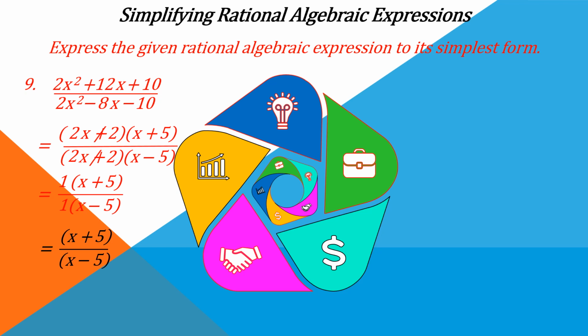Actually, it is not correct to say remove 1 divided by 1. The correct term is multiply 1 by quantity x minus 5. And this is our final answer.